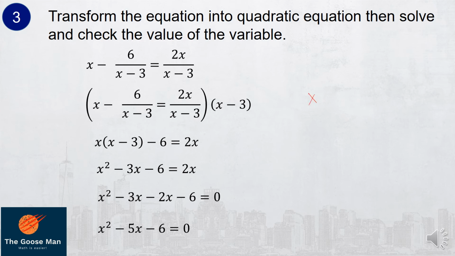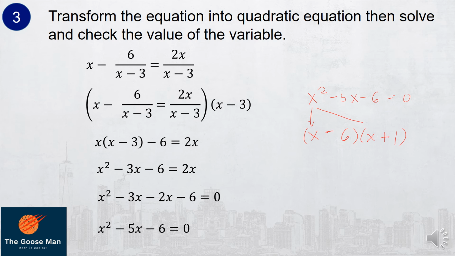So x squared - 5x - 6 = 0. I'll factor x squared as x and x. The other possible combination for the factors of 6 are 6 and 1. But take note this one is negative, so I'll put negative 6, and this is positive 1.